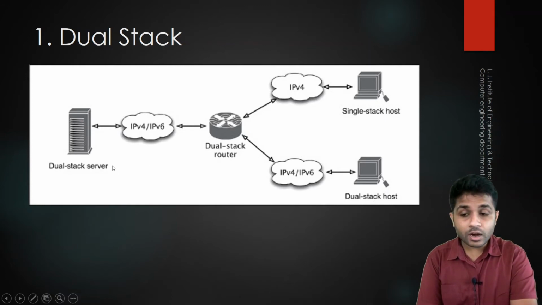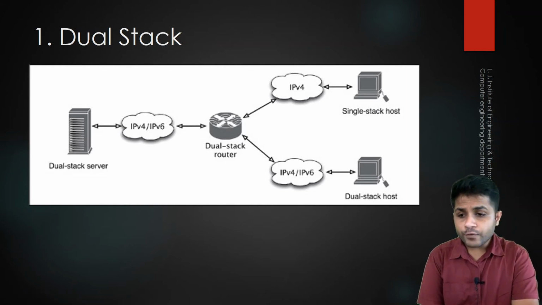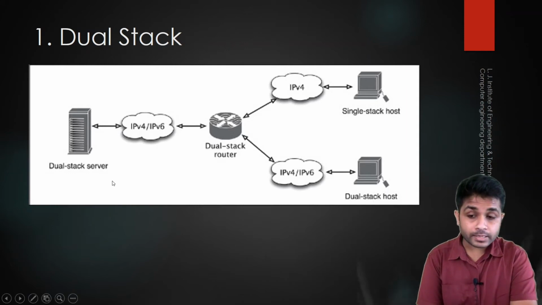It means they can understand IPv4 as well as IPv6. So the dual stack server can receive requests from both types of IP addresses. It can understand IPv4 packets, or it can also understand IPv6 packets.